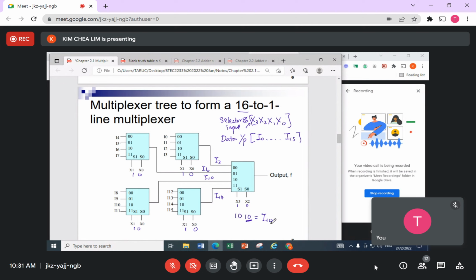All right, 10. So my output that I'm supposed to show here is the same as X3, X2 bar, X1, X0 bar, I10. The output for this one is this one. Since this one has been fulfilled, because of the selections here, now I10 will be the output.